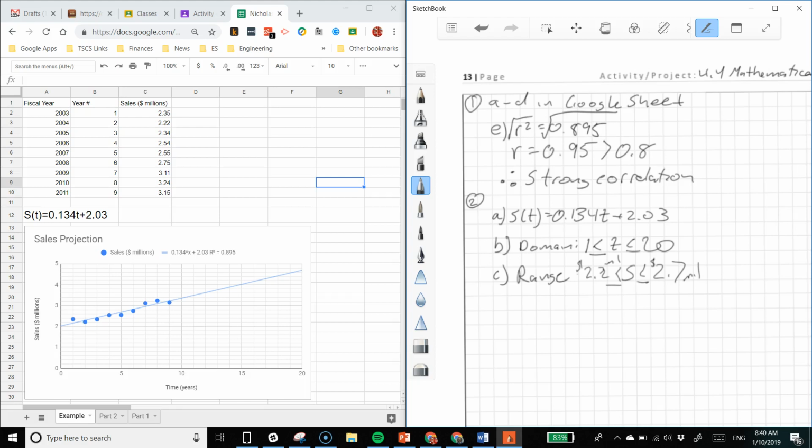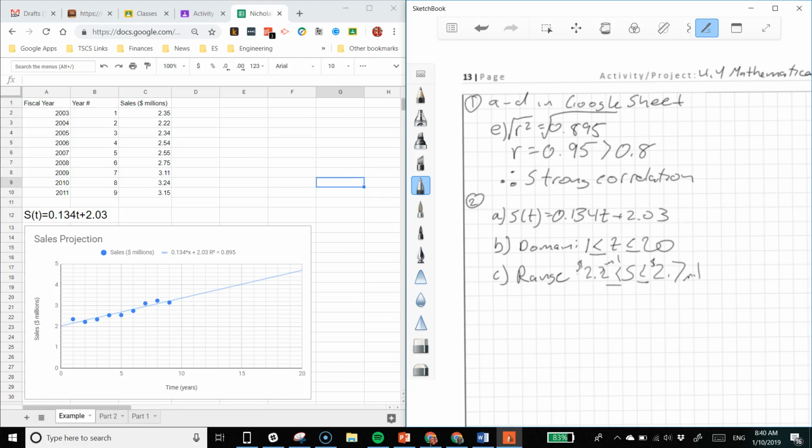You can also calculate it using this equation. If you want to do that, you would just plug in the minimum domain number for t here to find this, and then you would plug in the maximum, which is 20, to find this.